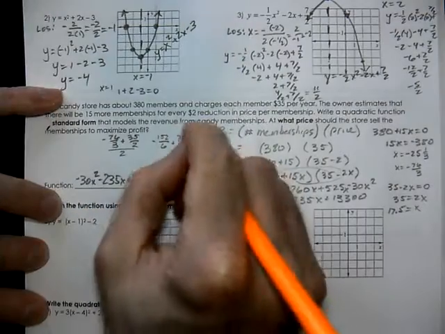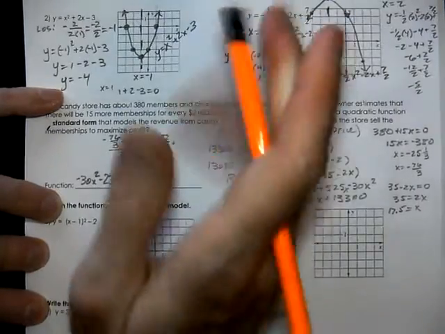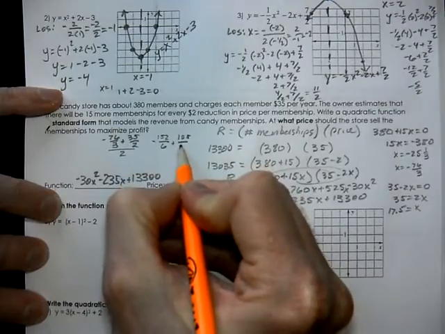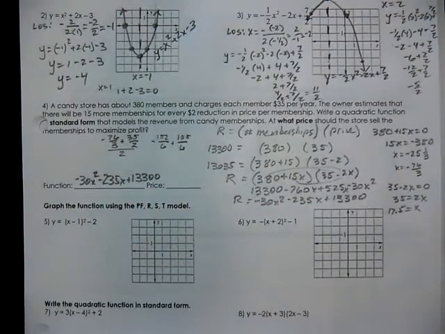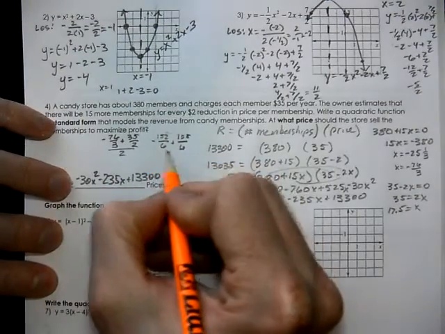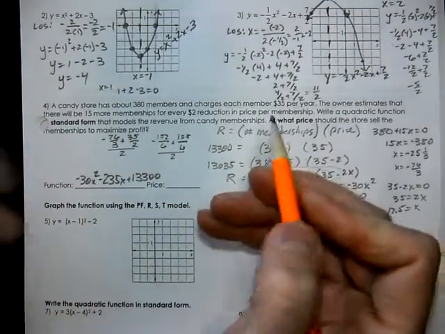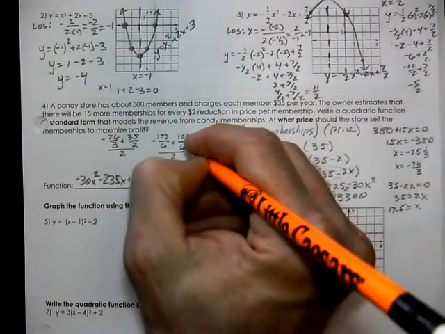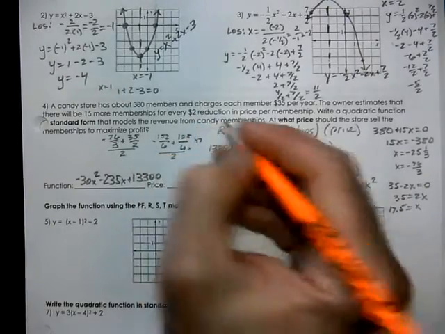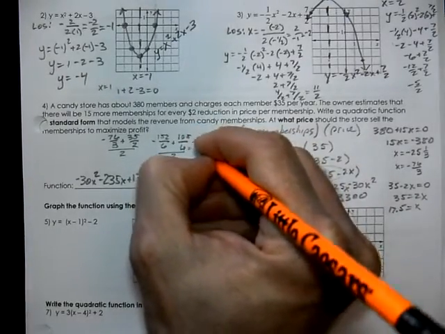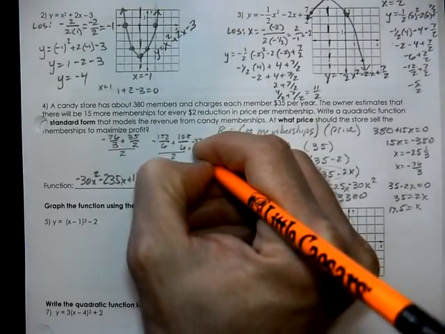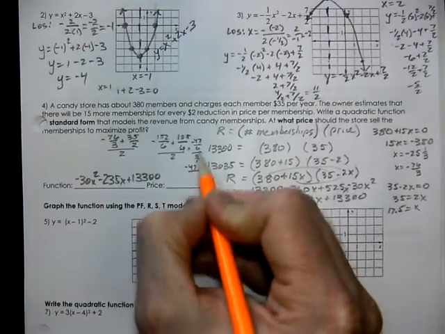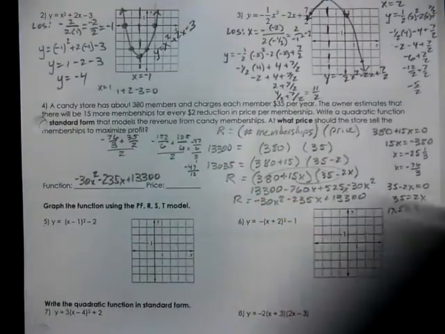Times 3 this time. And we'd still have 2 over here. So that's going to be negative 47 over 6 divided by 2. So that's negative 47 divided by 12.